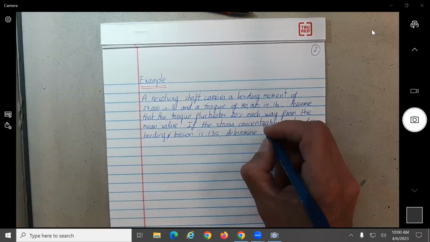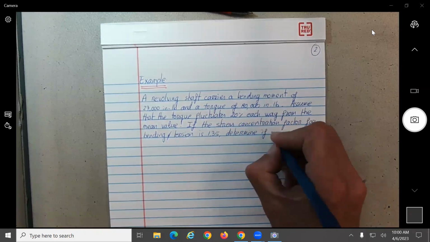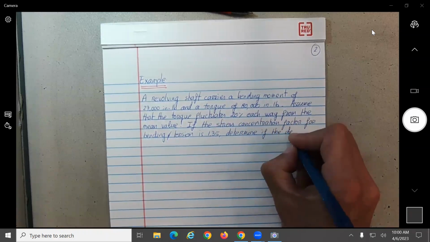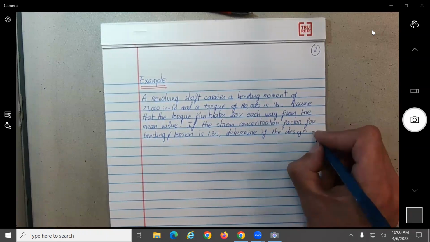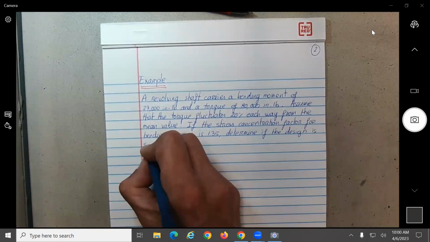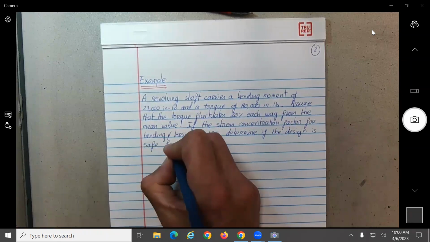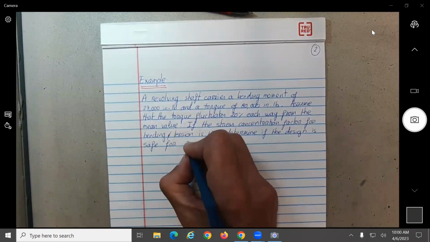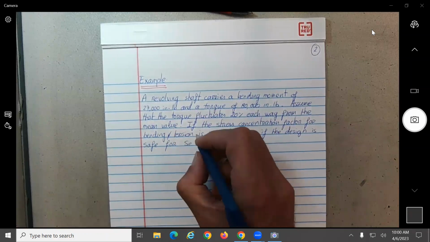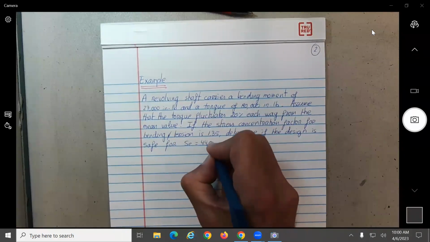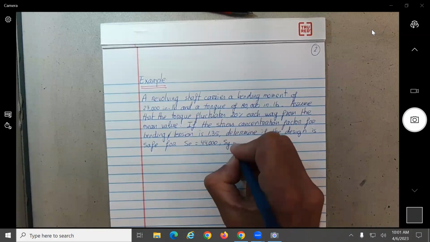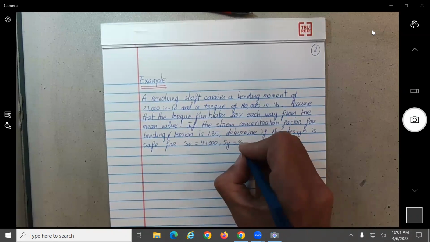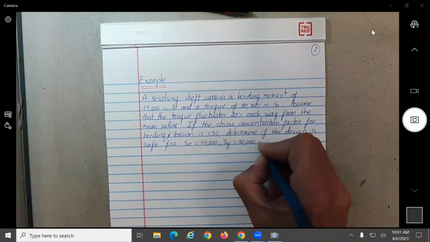Determine if the design is safe for an endurance stress of 44,000, a yield stress of 90,000, or this one should be PSI.